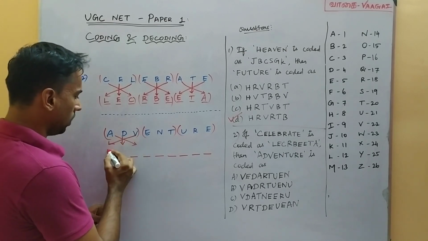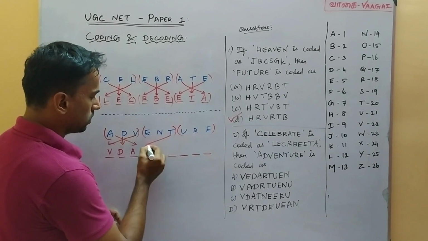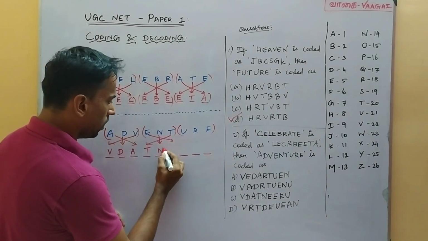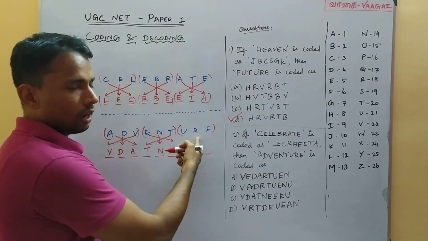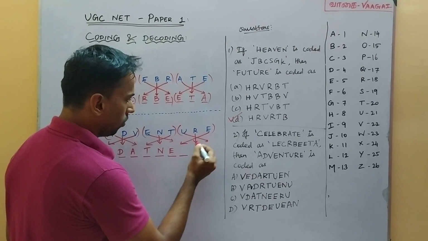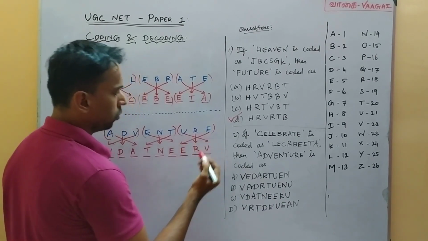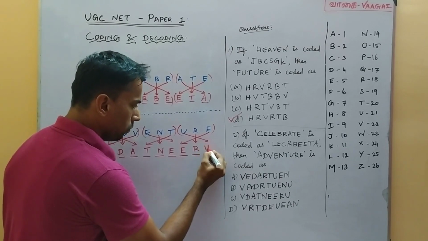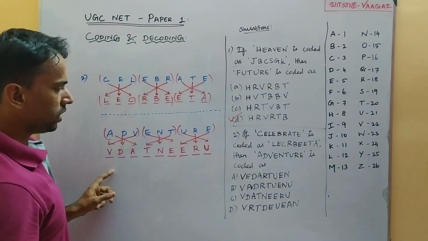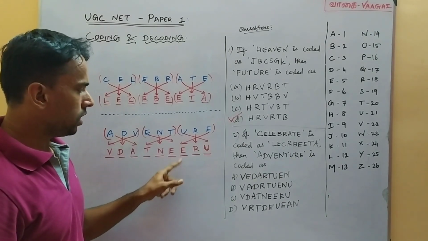So that means I will have V, D, A here and here we will have T, N, E, and for the last 3 we will have this arrangement: E, R as R itself, and U. Okay. So I think it is clear to you. So finally we are able to get the answer as V, D, A, T, N, E, E, R, U.